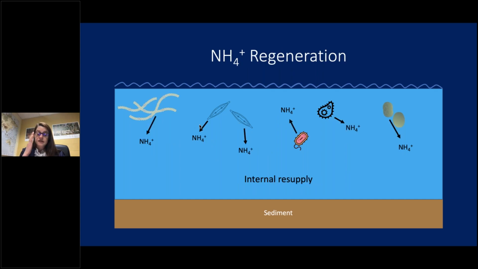So as all of these cells get broken down or lysed or remineralized and recycled, that's the ammonium that's actually available. When the concentration is low, it's the recycling that dictates the ammonium supply, not any given concentration at any moment in time. And we're going to call that regeneration here for the sake of internal consistency with the literature, but there are a million words for it in the literature.